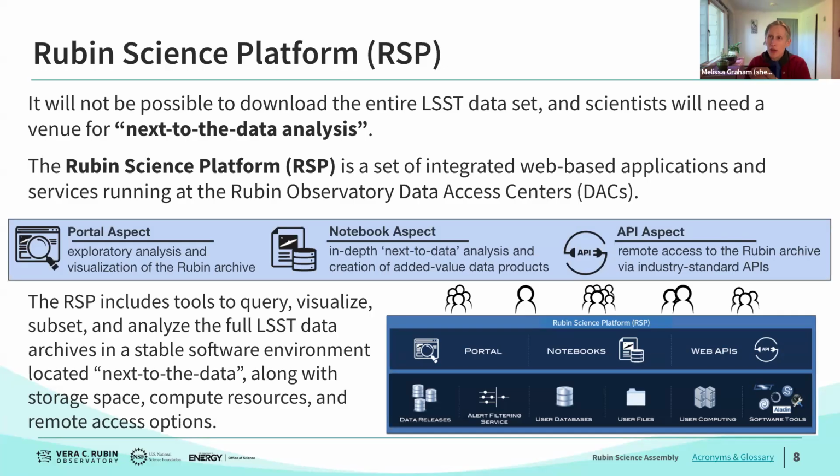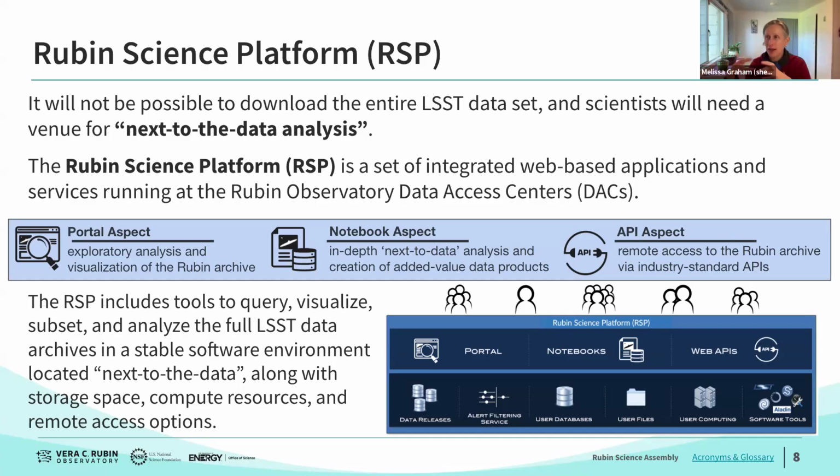Because the data volume that comes from Rubin is so large, you can't just download it. So the Rubin Science Platform is a set of integrated web-based applications and services running at the Rubin Observatory Data Access Center. It has three aspects, three different ways to interact with the data. The portal aspect is best for exploratory analysis and visualization of the archive.